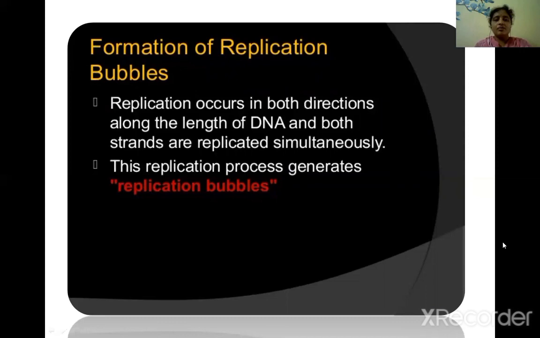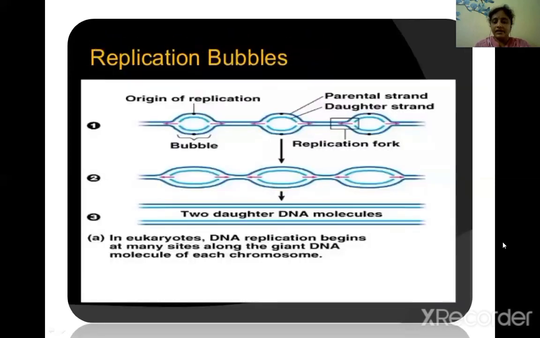This replication process generates replication bubbles, which is very clear in this picture. Replication bubbles in eukaryotes: there are so many bubbles in eukaryotes. DNA replication begins at many sites along the giant DNA molecule of each chromosome.